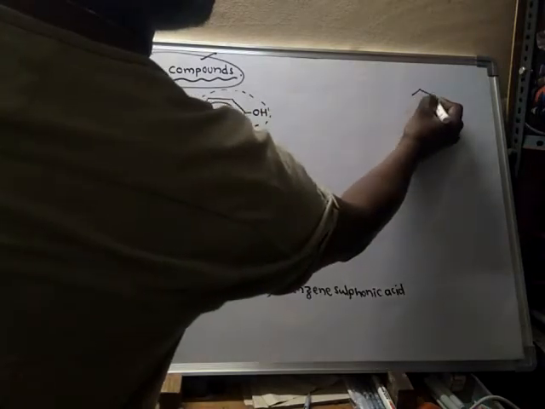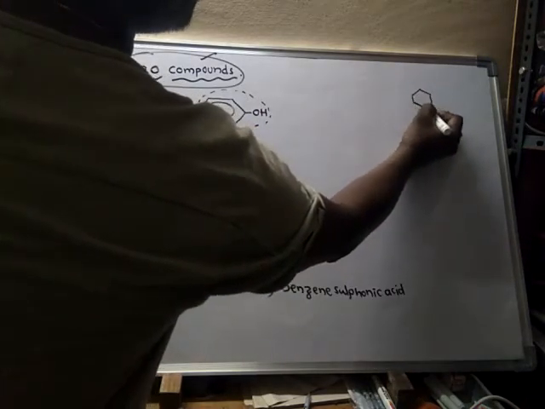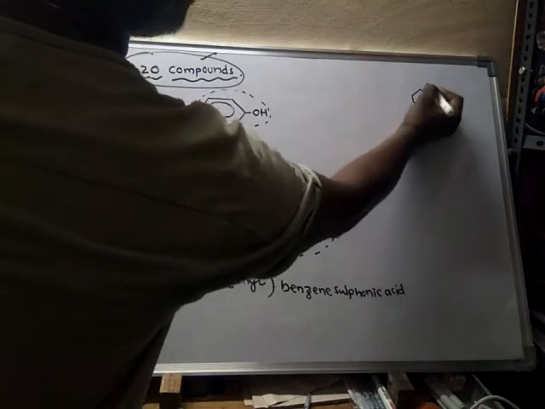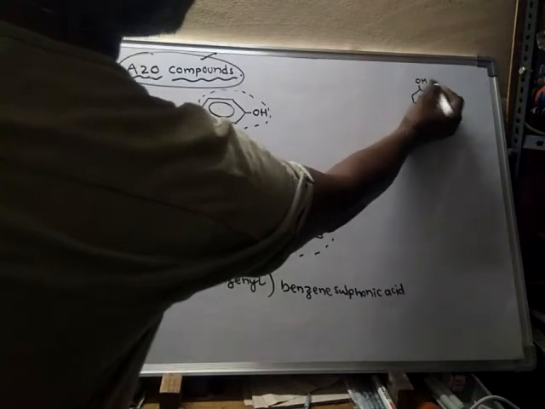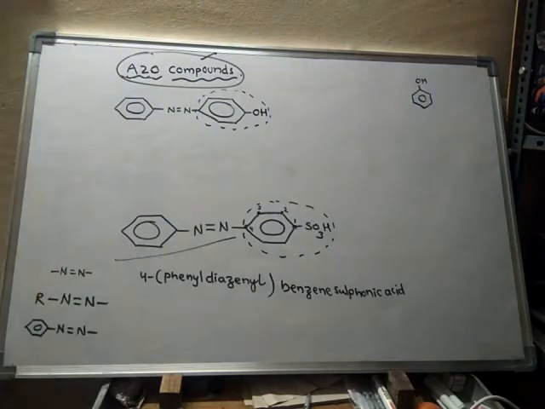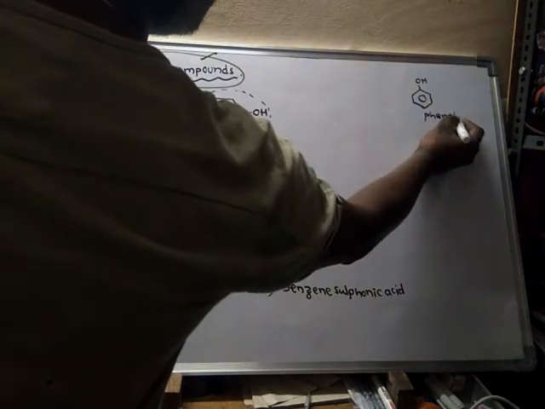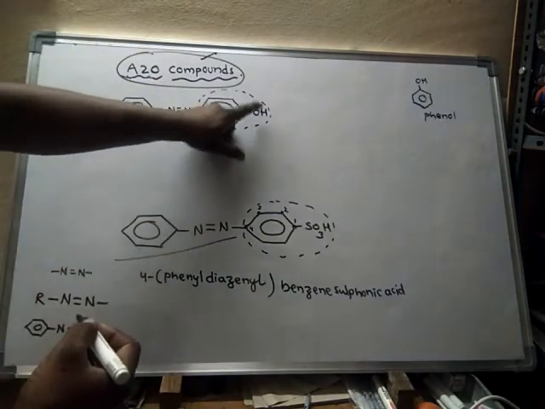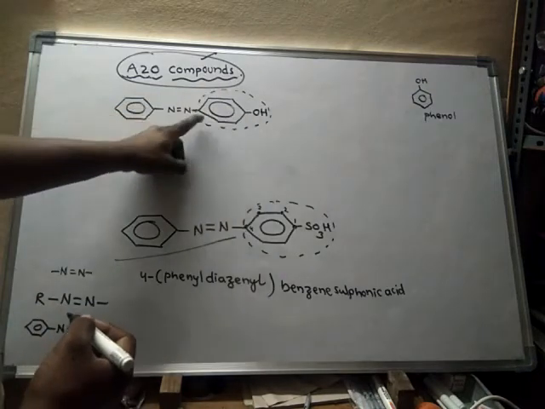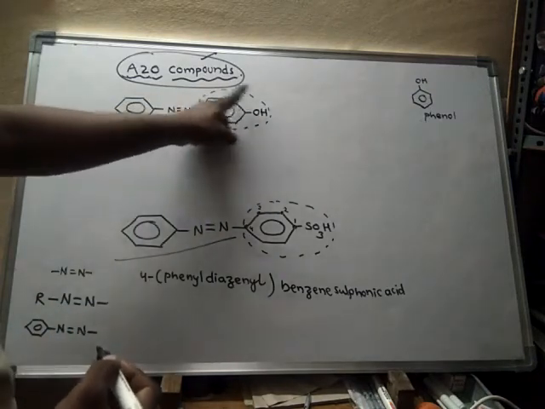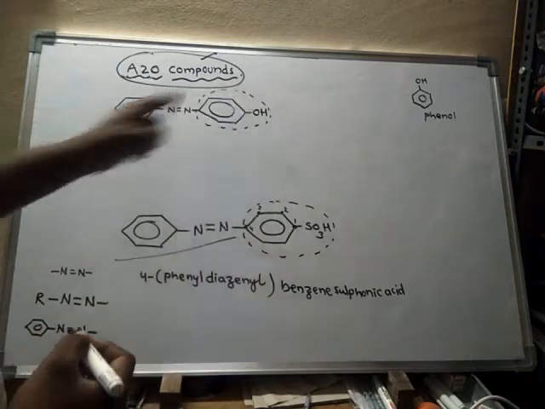Already we have seen, I think everyone has gone through the PDF which I have given to you. So this is called phenol. Here the phenol group is present, this is part of the parent chain, and it is phenol.